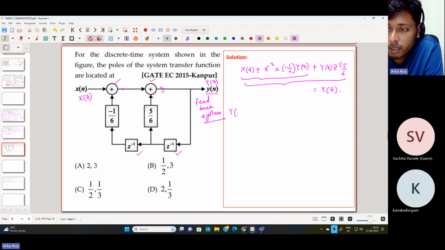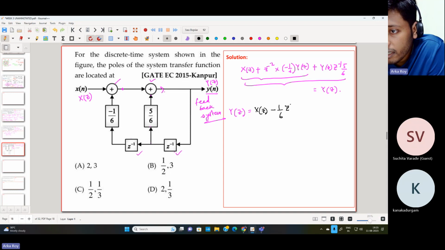So let me write it again. Y(z) equals X(z) plus z to the power minus 2 into minus 1 upon 6 Y(z) plus 5/6 Y(z) z to the power minus 1.